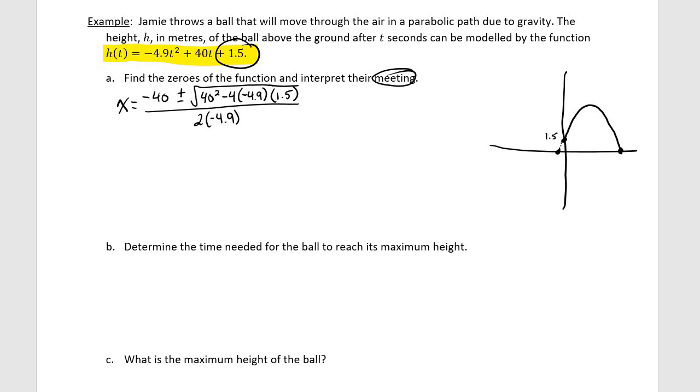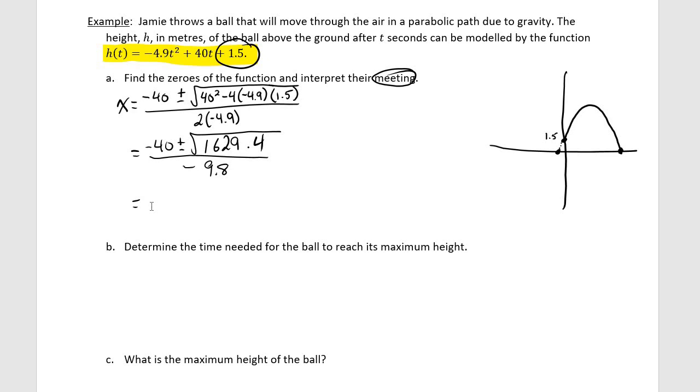All right, so this is negative 40 plus or minus, let's simplify our square root, 40 squared minus 4 times negative 4.9 times 1.5 gives me 1629.4, and that's all over negative 9.8.